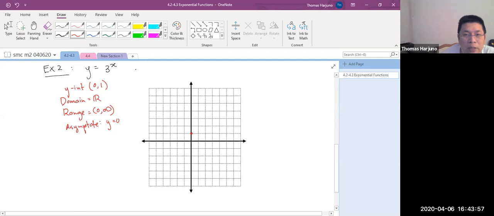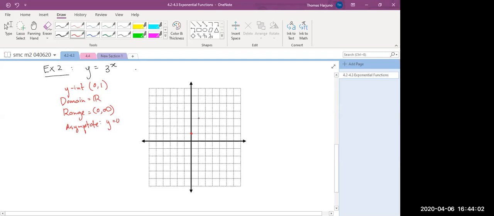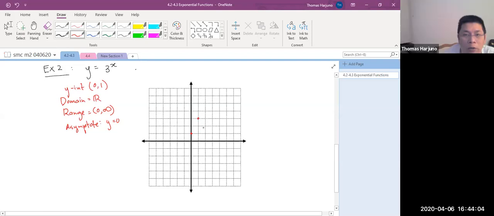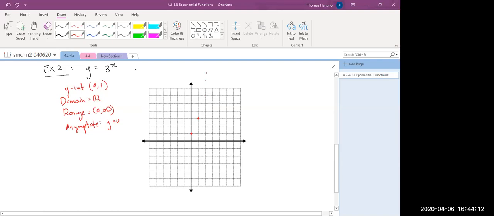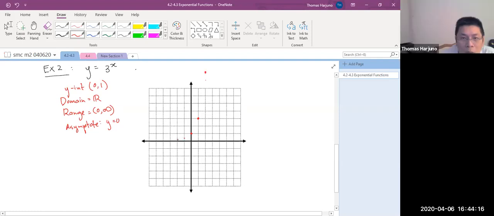And the way I graph this, the y-intercept is (0, 1). Because the base is 3, when I move 1 unit to the right, I multiply, so that 1 becomes 3. I move another 1 unit to the right, I multiply, and that 3 becomes 9. So 1, 2, 3, 4, 5, 6, 7, 8, 9 here. And it becomes 1/3 here, 1/9, and so on.